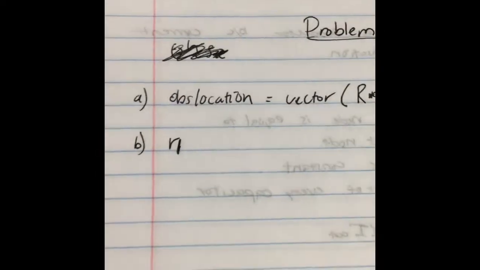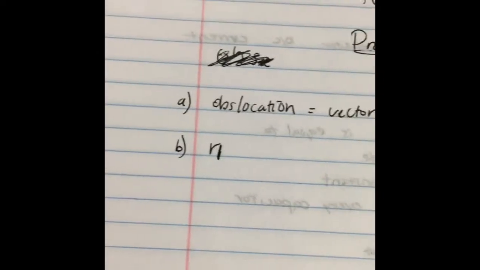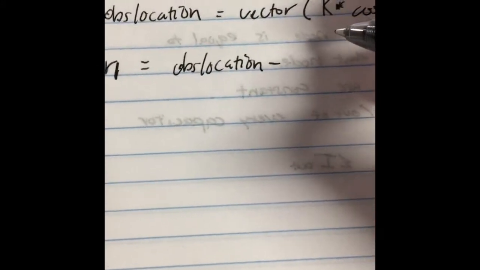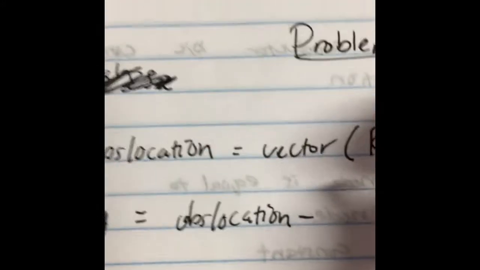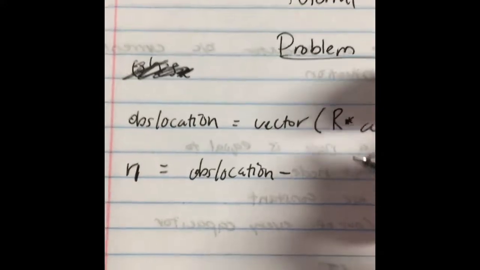So you have r1, which will be your r vector for the electric field in the x component. And to calculate r1, you need the observation location minus the position of the first sphere.